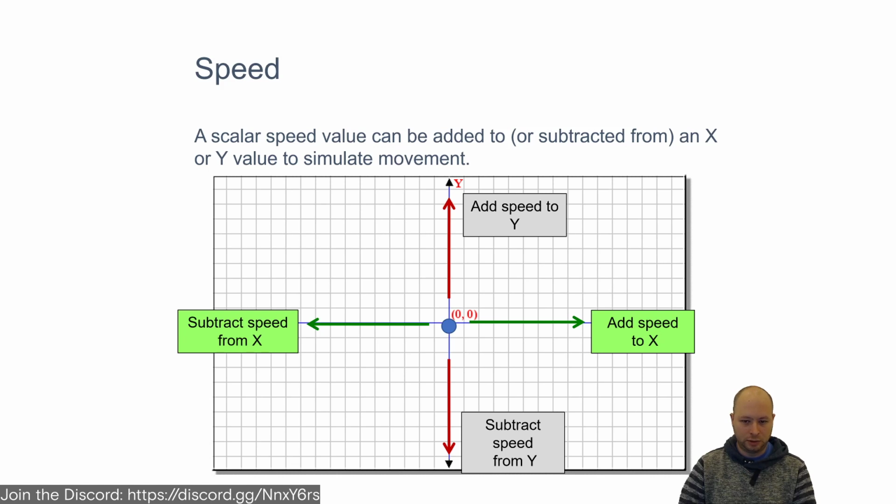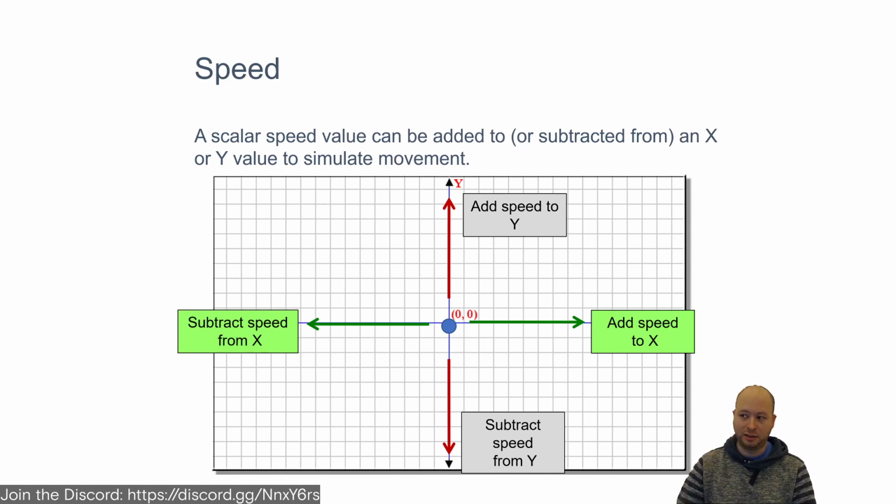To add speed to an object, you can add to its x or subtract from its x, or add to its y or subtract from its y, per frame.